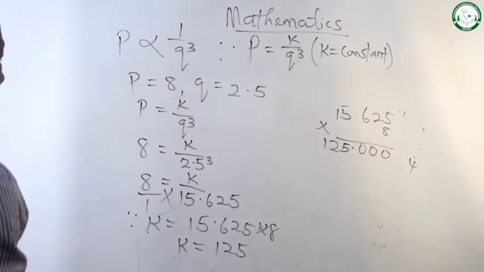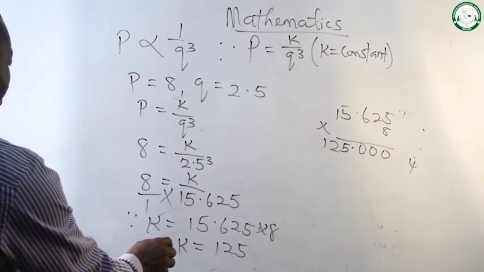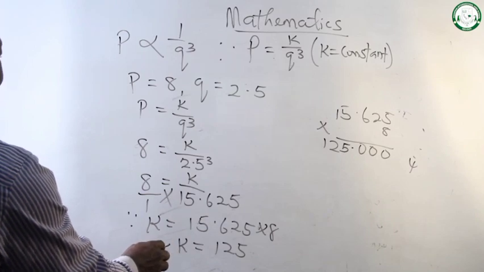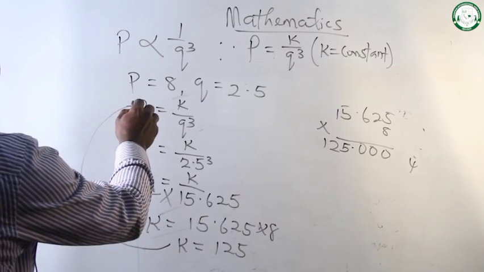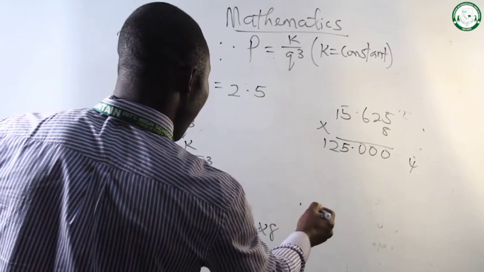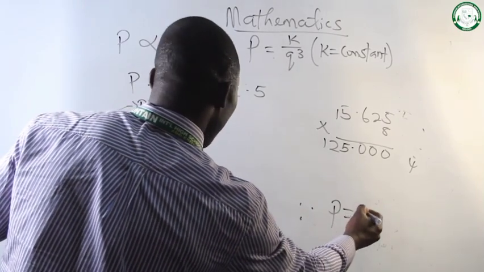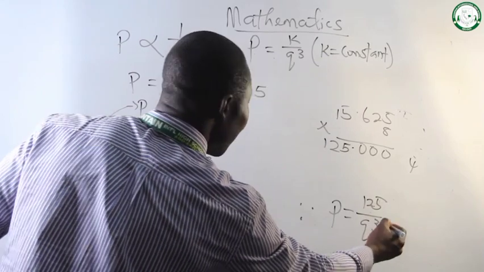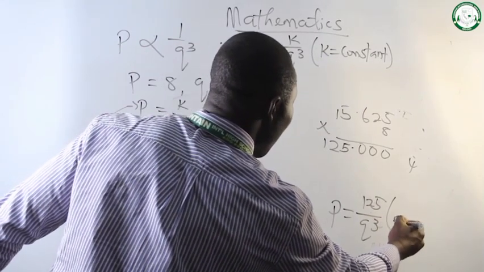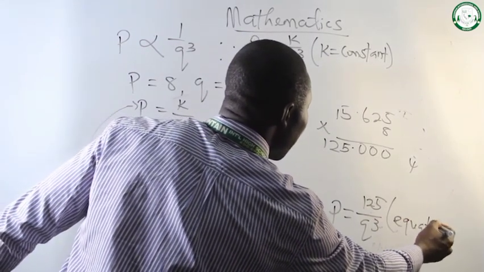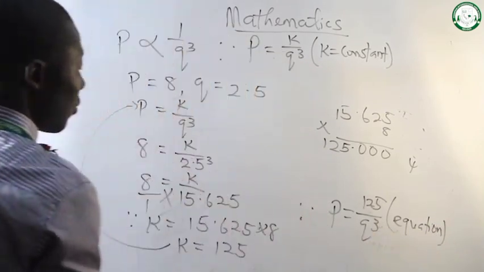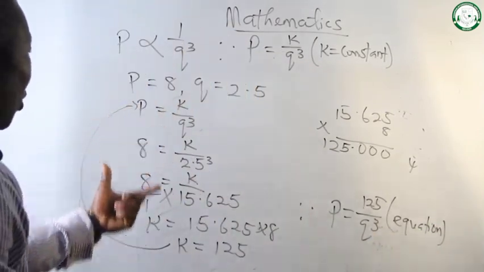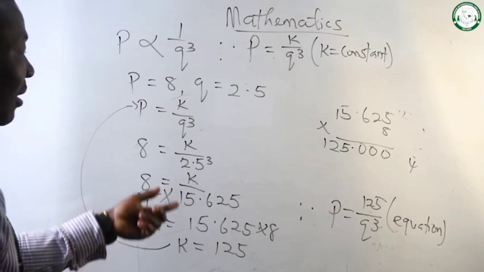After we must have arrived at this, don't forget we substitute the value of K down to this place. Therefore, P equals 125 over Q raised to power 3. This one is called the equation. So this is the equation we are going to use to solve as many questions as they might give us on this.